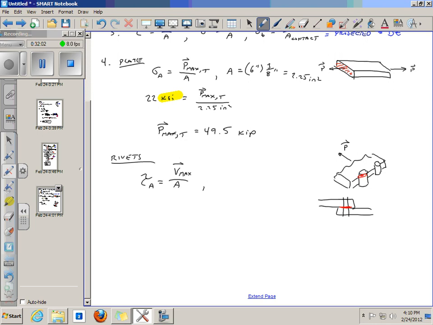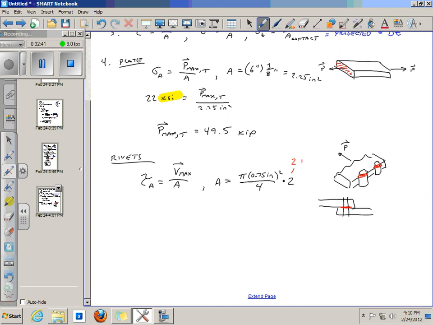Now, the issue is we've got two pins. So our shear area is the combined area of those two pins. The area of one pin is pi d squared over 4, where the diameter of the pin is 3/4 inch, 0.75 inch, but we've got two of them, so I've got to multiply that by 2.